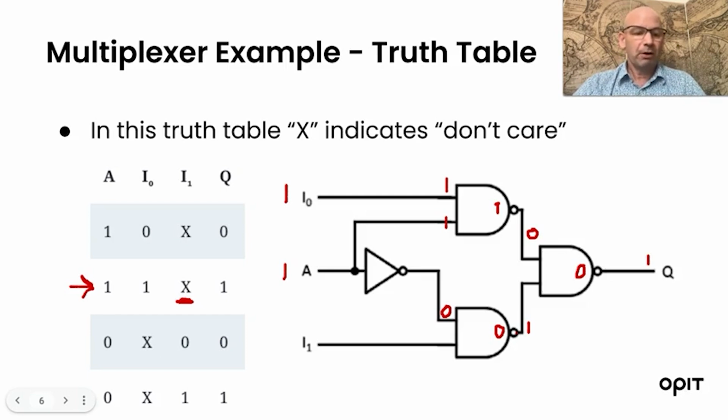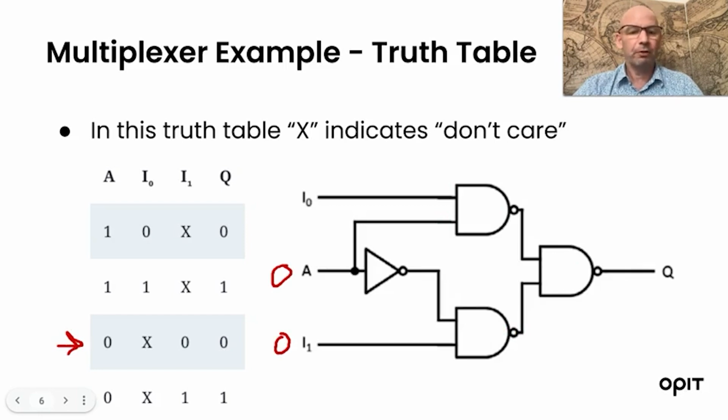Then let's do one more here. So I'm going to erase this out. And then looking at our third row here, if A is 0 and I1 is 0, right? Let's follow the logic through. If A is 0, it will be 0 here, which means we know without caring what I0 is that the output is going to be 0, and 0 inverted is 1.